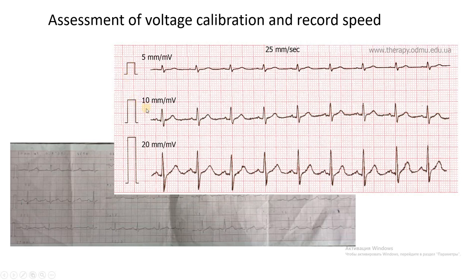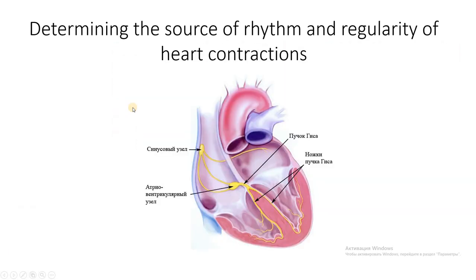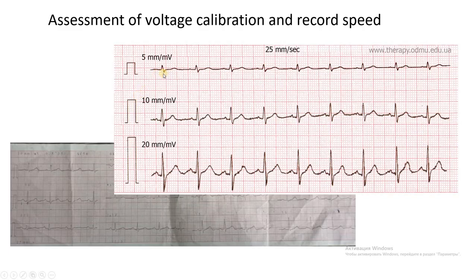Sometimes we can decrease 2 times, it will be 5 millimeters. And we have to pay attention to speed of registration. Here we can see 25 millimeters per second, and sometimes we can register with 50 millimeters per second.